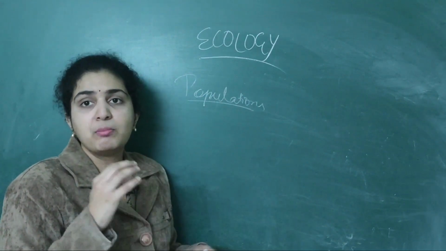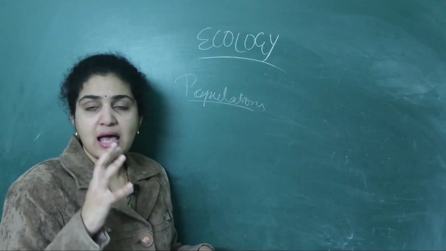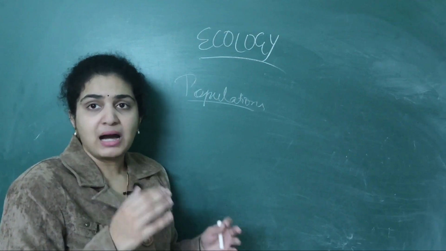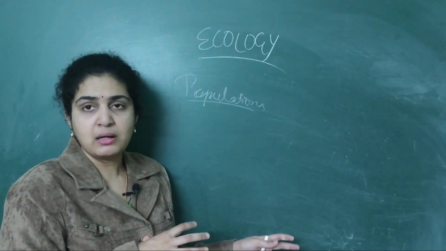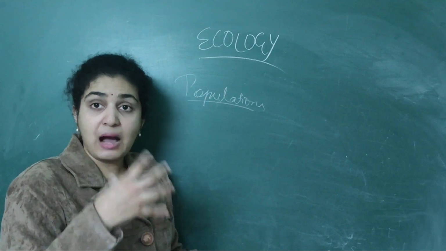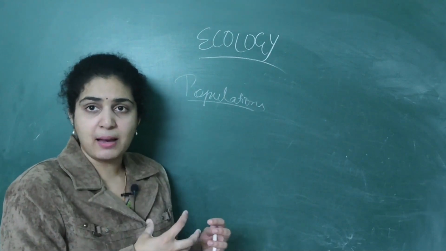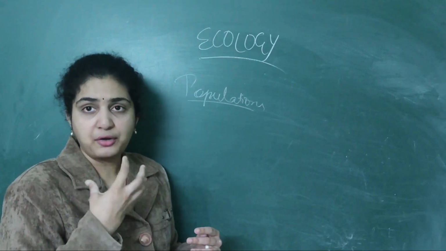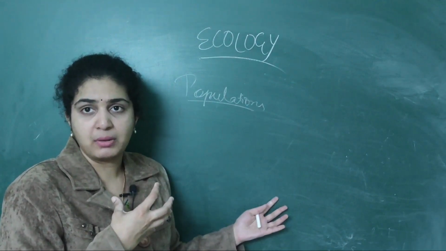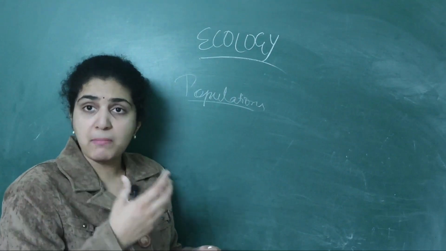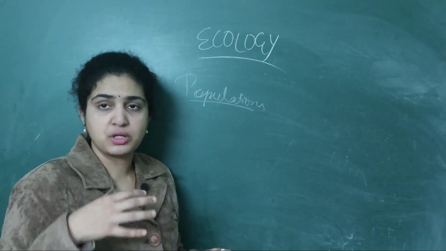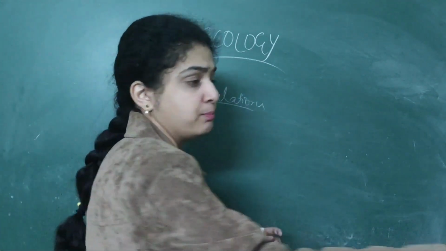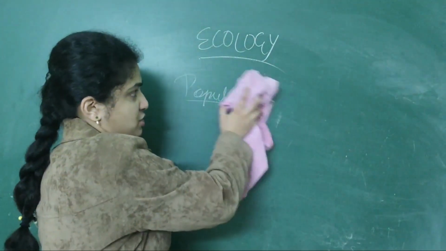Till for now you remember only about the banyan tree as well as the Parthenium plants. In the coming ecology chapter, I'll tell you how different organisms try to get adapted to the environment, and how numbers or biomass are measured. In the next chapters I'll tell you. So this is about the populations.